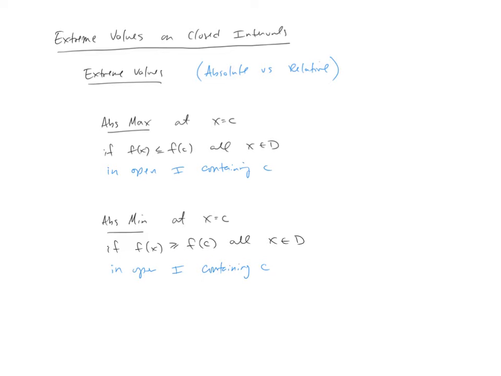So when I add this blue line down here, now we're talking about a relative max and a relative min. The difference between a relative max and an absolute max aren't that different. The difference between a relative min and an absolute min aren't that different. An absolute just means it's the absolute highest or the absolute lowest on the entire domain. Relative means it's the highest or lowest relative to its surrounding area.